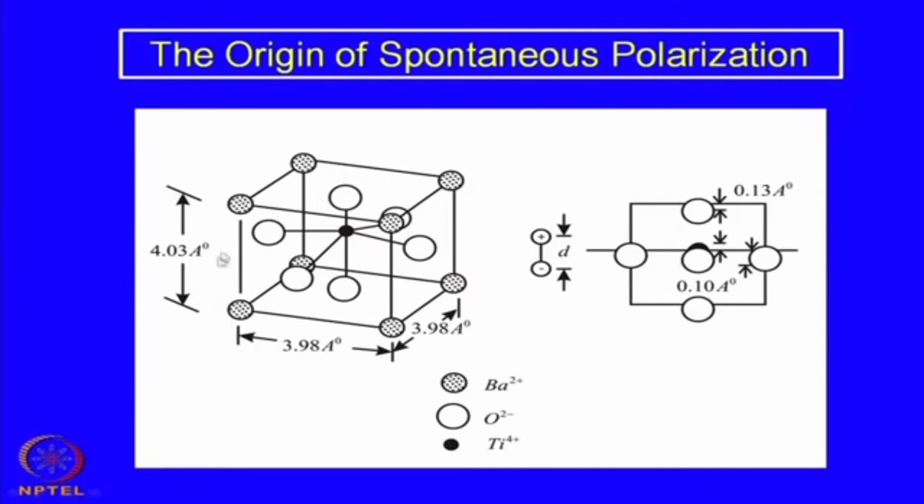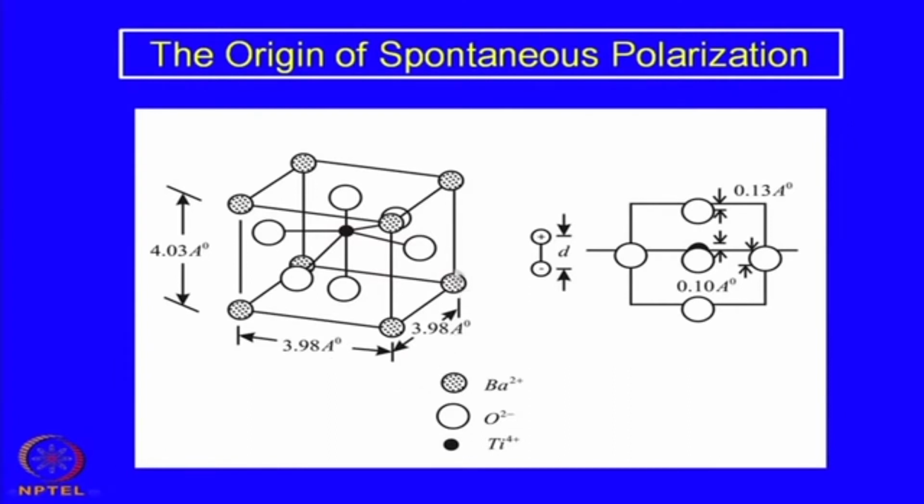So, that is the origin of the spontaneous polarization. Although we talk about perovskite structure, in fact the perovskite structure does not have the dielectric polarization or the spontaneous polarization. It is the distorted form of the perovskite, having a tetragonal symmetry, because A and B are equal and C is different. So, it is a tetragonal symmetry which gives rise to the spontaneous polarization.